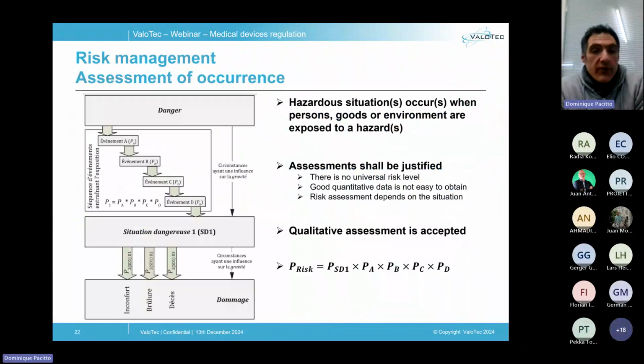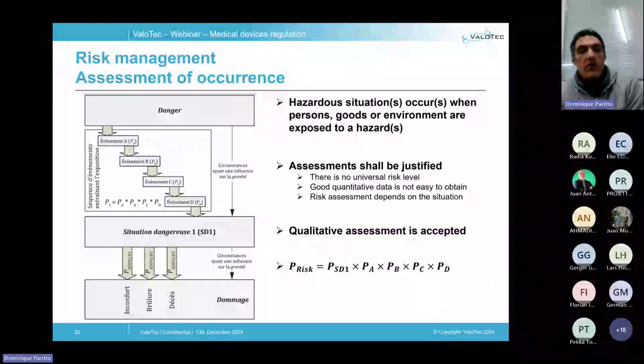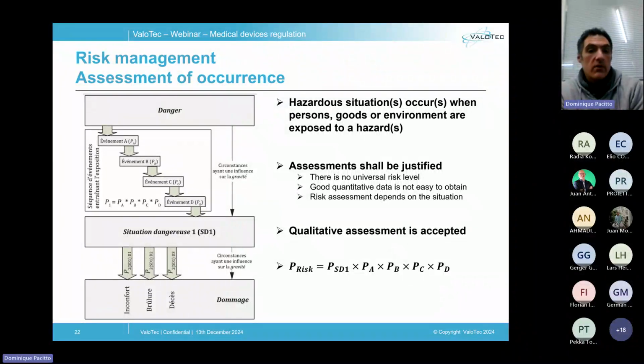After the assessment of the severity, you have to assess the occurrence of the risk, and this is based on the probability of each event composing a situation, in addition to that of the hazardous situation. It is essential to detail as much as possible the sequence of events to ease this assessment of the occurrence.